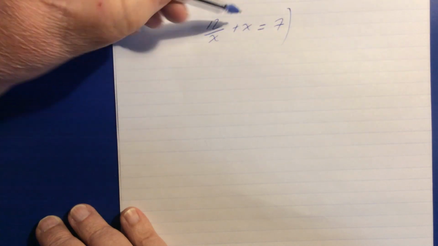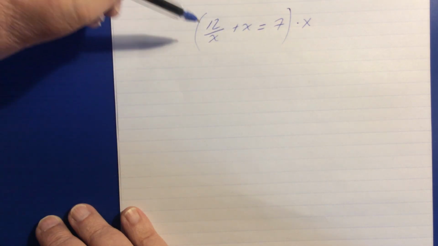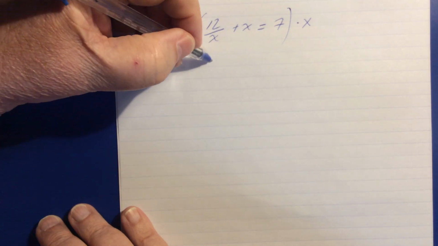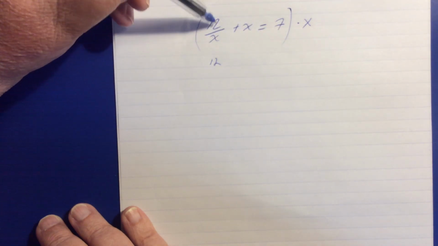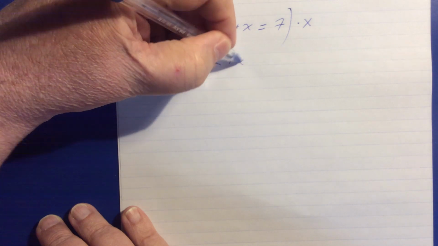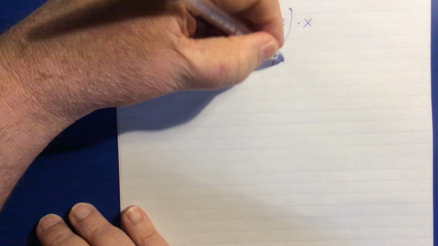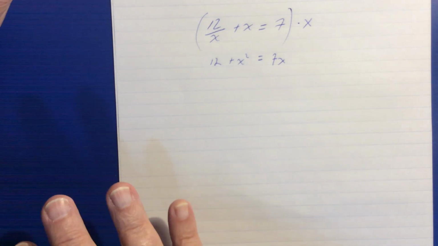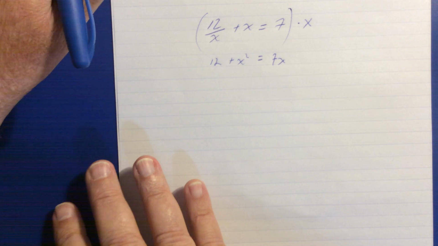What I'm going to do is I'm going to multiply this by x, and what I get is 12. X times x is x squared, so that's 12 plus x squared equals 7x.